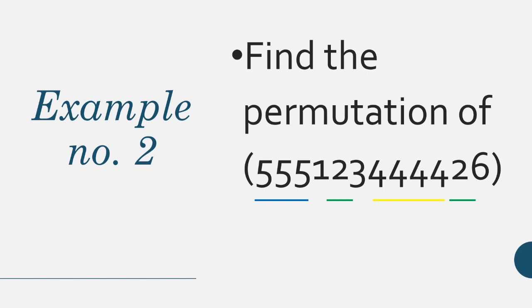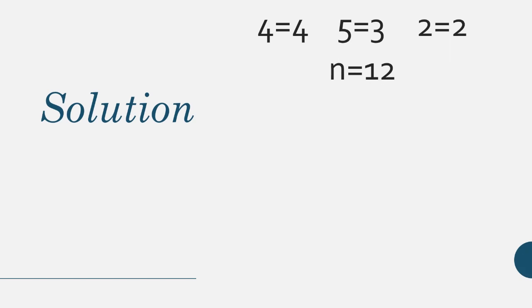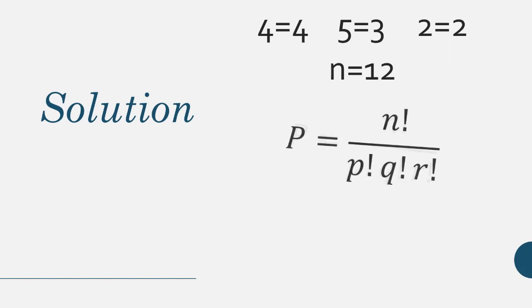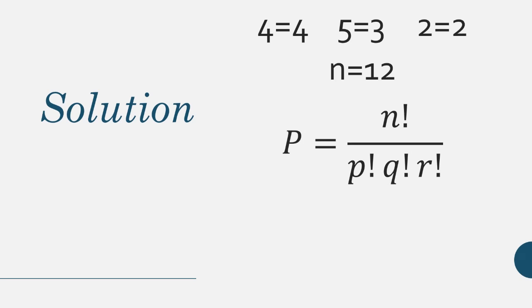So in that case, now this will be our solution. So meron tayong apat na 4, meron tayong tatlong 5, at meron din tayong dalawang 2. At yung number sa set na yon, we have 12. So that means the value of n is equivalent to 12. Now using the formula, we have the permutation of n factorial all over p factorial times q factorial times r factorial.